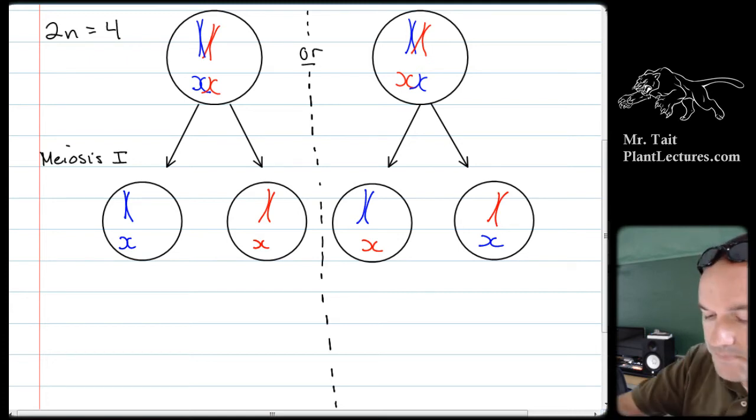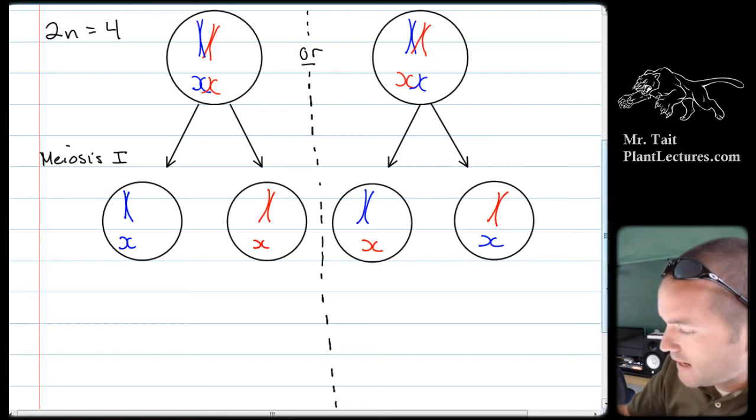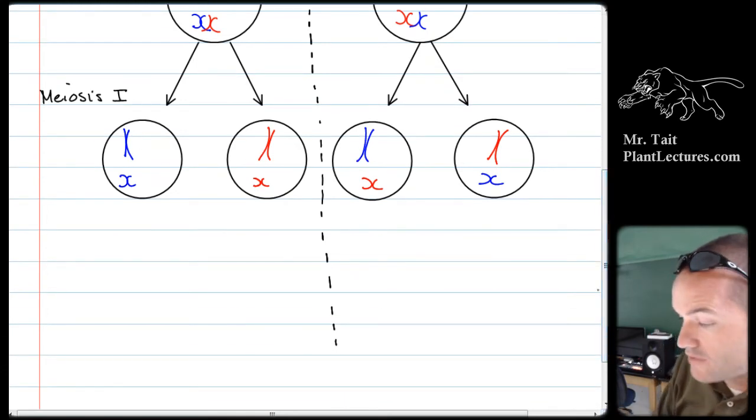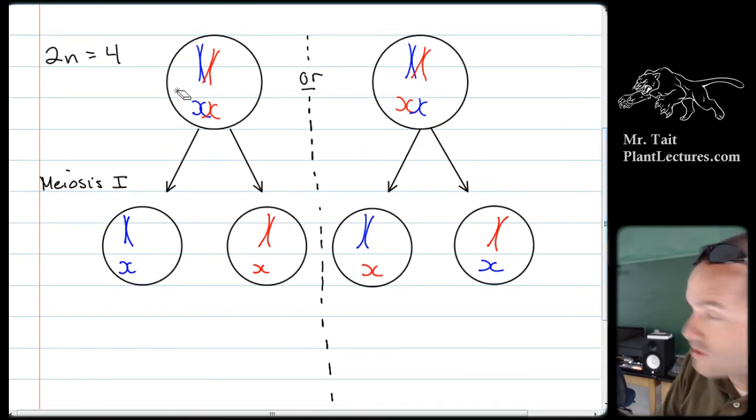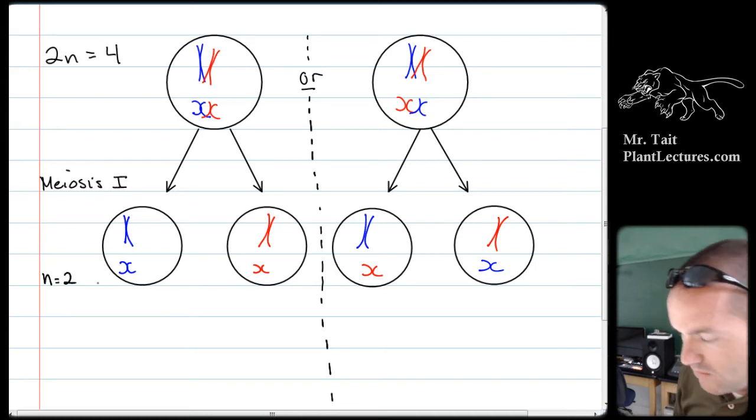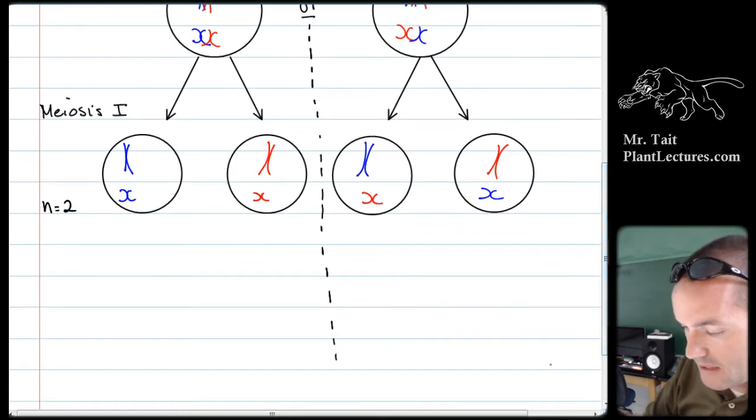Right? Okay, so then next, each of these, first of all, we've already gone into a haploid state here, right? Our 2n was 4, so we could count 4 chromosomes up here, but now we only have 2 chromosomes, and that's important that in meiosis 1, after meiosis 1, we're now going to be n is equal to 2. We're haploid cells.